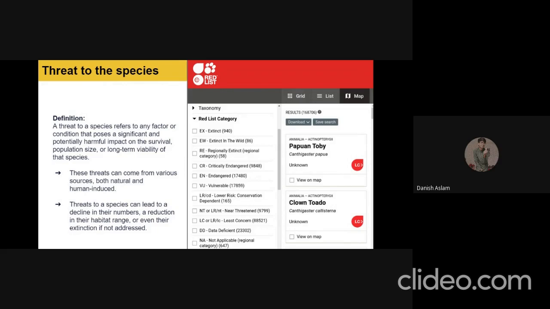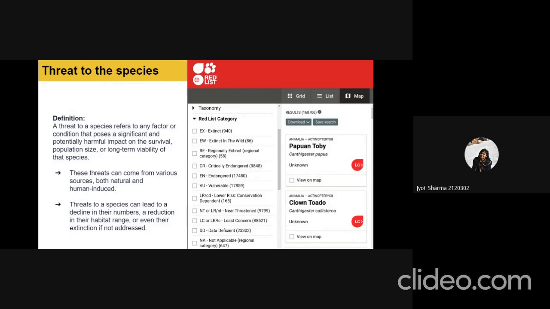Ma'am, extinct in the wild, something which belongs to the forest area. Extinct in the wild means, suppose the tiger lives in the forest area. Right now the tiger is no longer in the forest, but yes, we can see them in zoos, in some captivity, or in a breeding center.